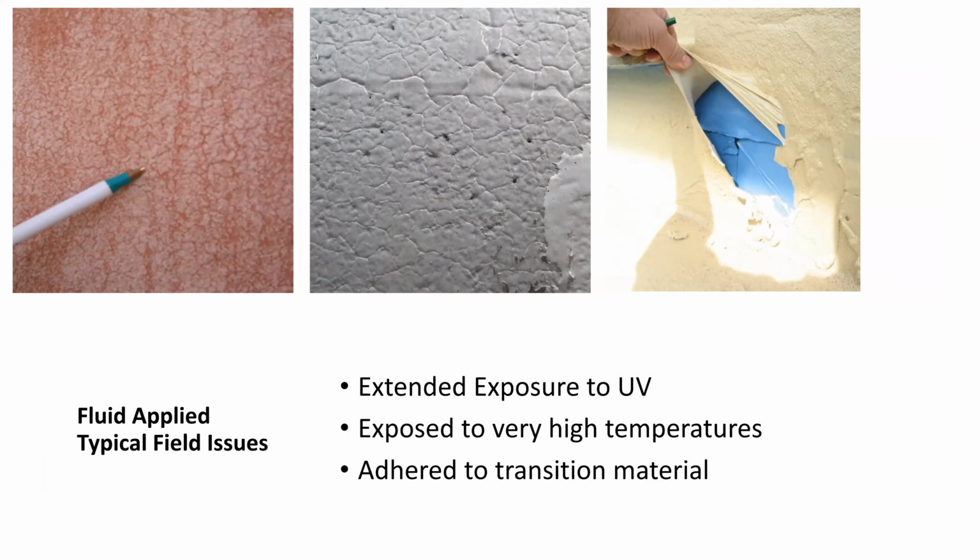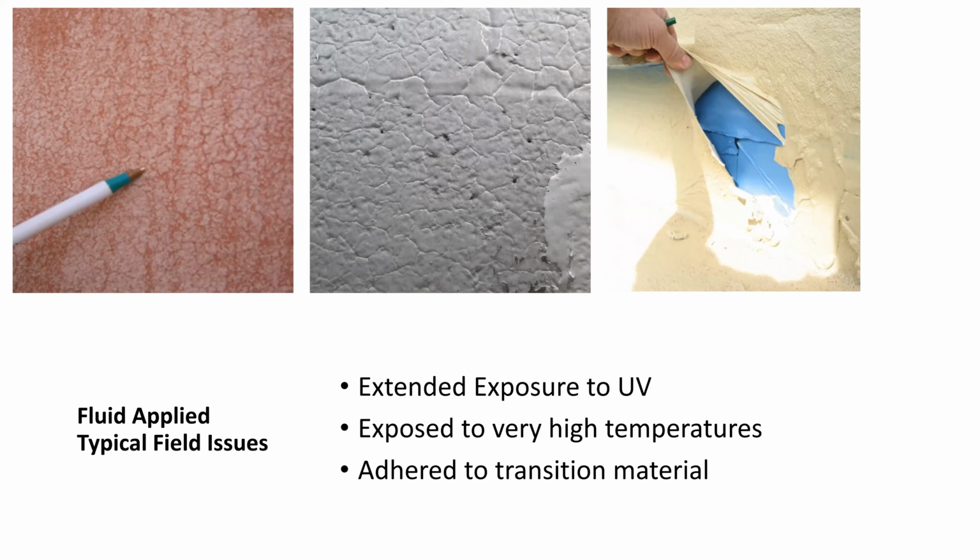If these things get exposed to extremely high temperatures, again, it might not crystallize, but it almost comes up with a bit of an alligator skin. So if you see an alligator skin, that might be the fact that it's just been exposed to high temperature. Darker materials will tend to get impacted more than lighter materials. Darker materials absorb more UV and get hotter.